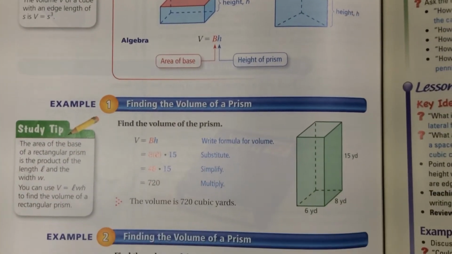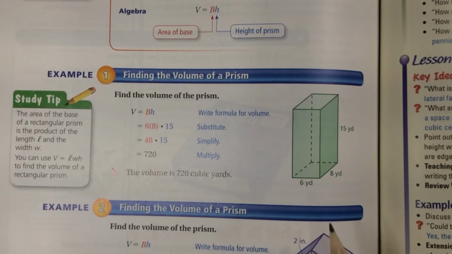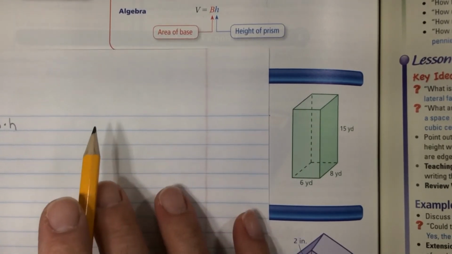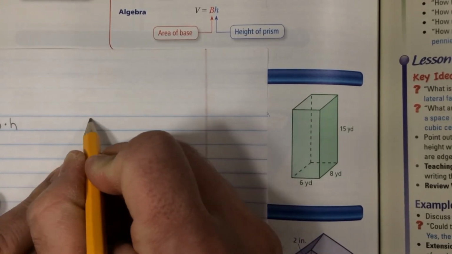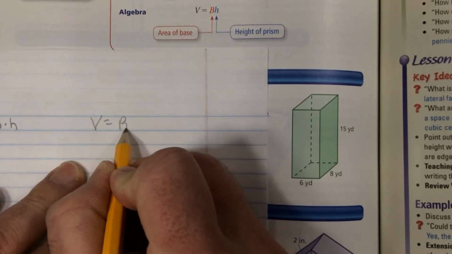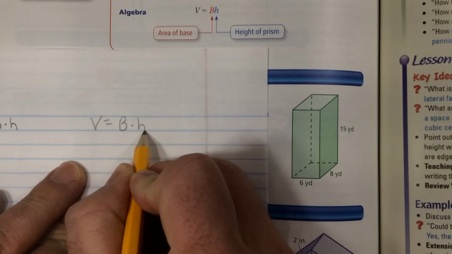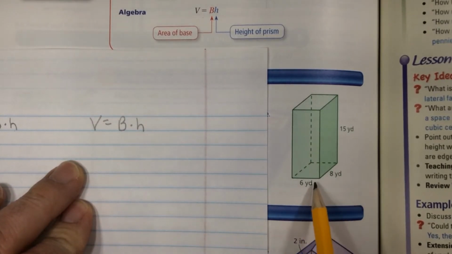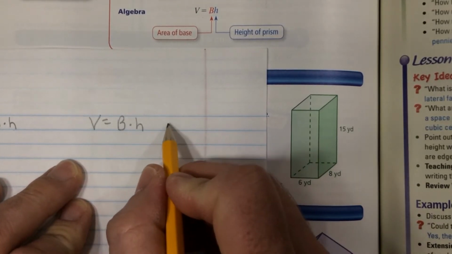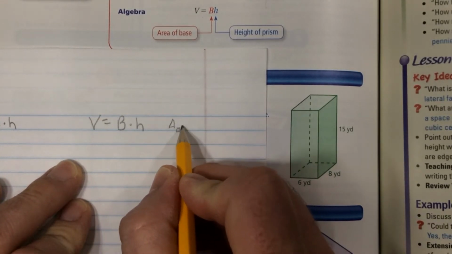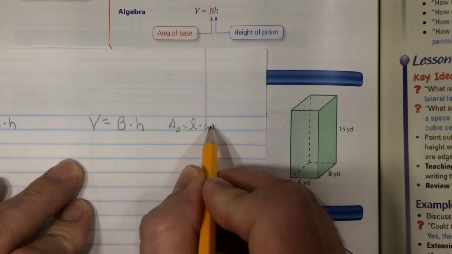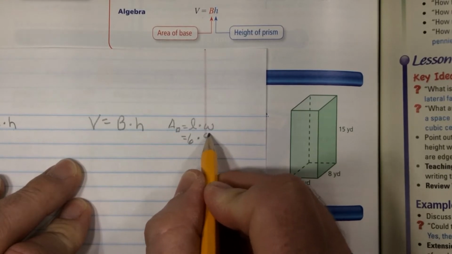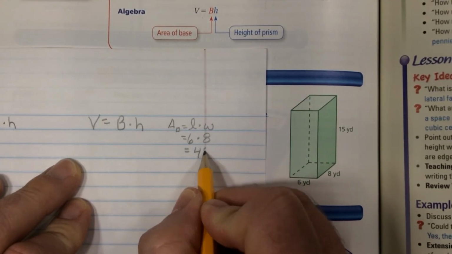Their first example is a rectangular prism. So we'll take their dimensions there. We know that the formula, volume equals big B, area of the base, times the height. So we look, and this base is a 6x8 rectangle. So to find the area of a rectangle equals length times width. So we'll do 6 times 8, which is 48.